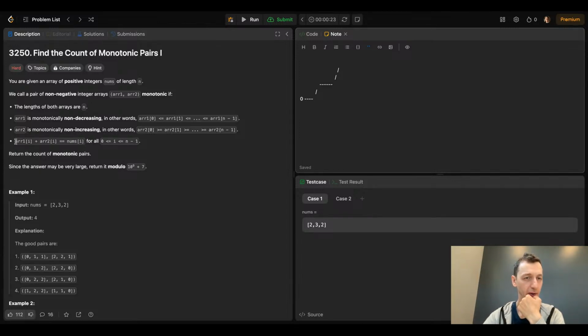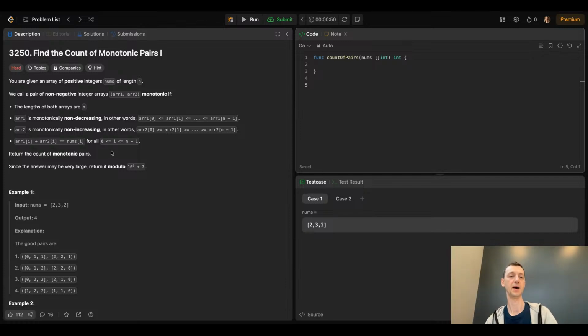And what else? The third condition is that the ith value in the first array, added to the ith value in the second array, gives nums[i], the input array, for all values of i.